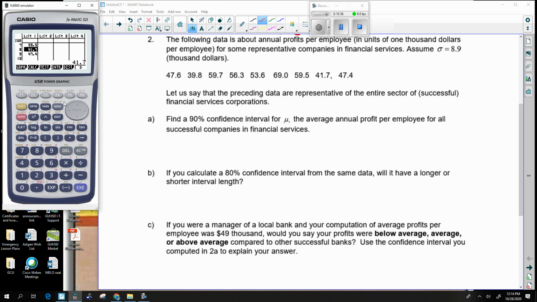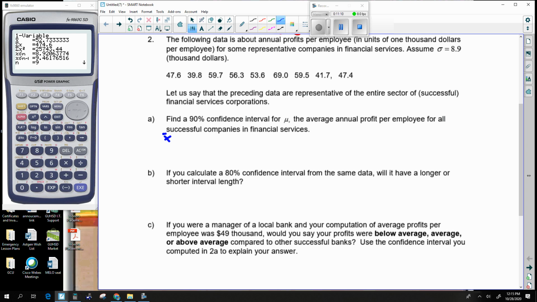I'm going to scroll through just to make sure I didn't make a silly button press somewhere. 69, 59. Okay, it looks good. So what I want to do is calculate one var, and the very tippy top there is my average, and the number of things in the sample is 9. 1, 2, 3, 4, 5, 6, 7, 8, 9. It is.